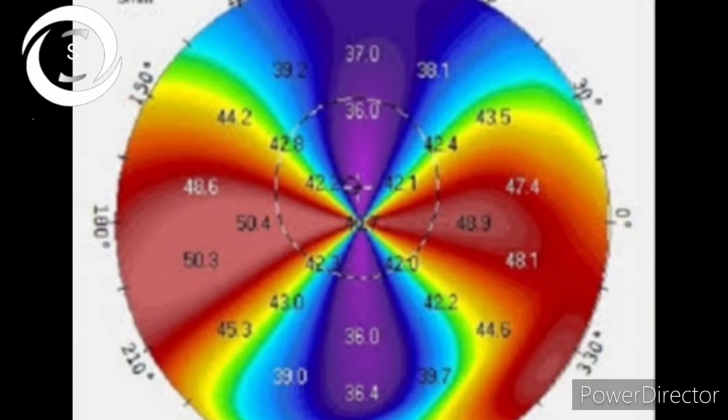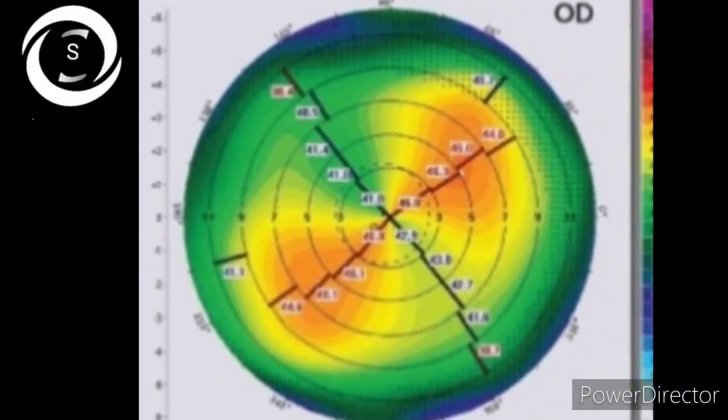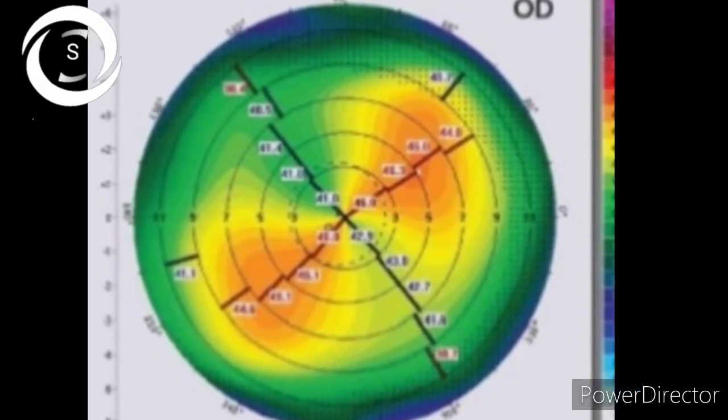And now in the next axial map, more marked against the rule astigmatism, which is extending inferiorly, and it could be pellucid marginal degeneration, but clinical correlation is necessary. Now in this patient, symmetric bow tie oblique astigmatism in the right eye is shown.